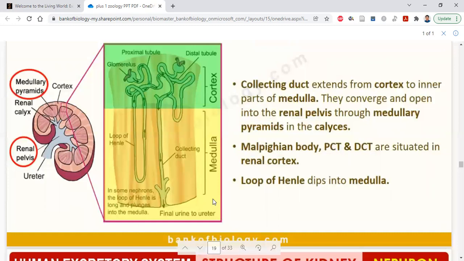And the collecting duct extends to the cortex. Here you can see, this cortex contains majorly the PCT, the proximal convoluted tubule, and the distal convoluted tubule. This part is in the cortex, and the loops are present in the medulla.